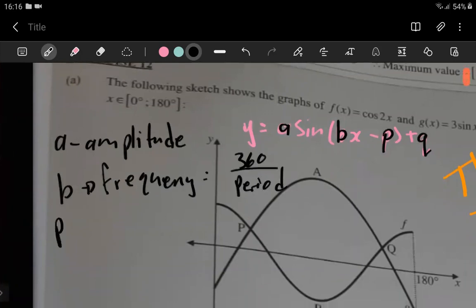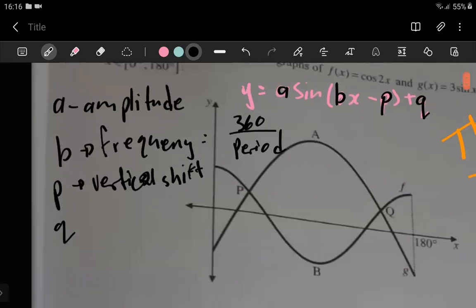And then P is the vertical shift, meaning shift from top to bottom, and then Q is the horizontal shift. Oh snap, I forgot the T, tau shift.